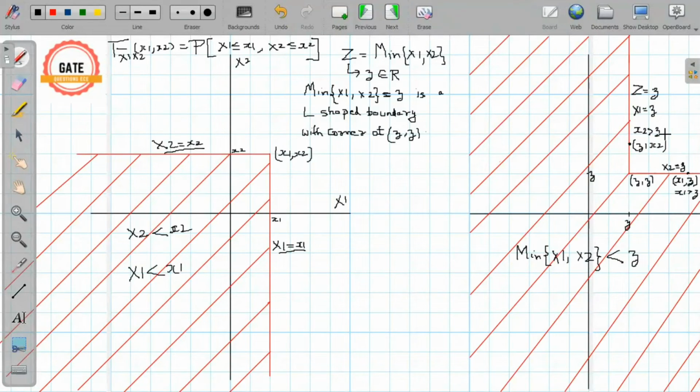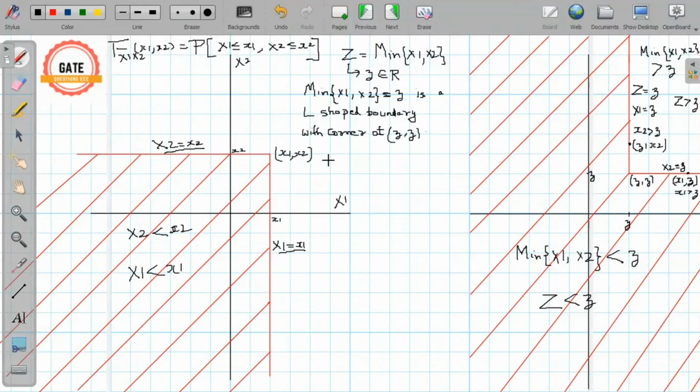Similarly, for the region lying to the right of this L-shaped boundary, minimum x1, x2 will be greater than small z. So this red region is capital Z less than small z, and the region to the right of this boundary is capital Z greater than small z, and this L-shaped boundary is capital Z equal to small z.